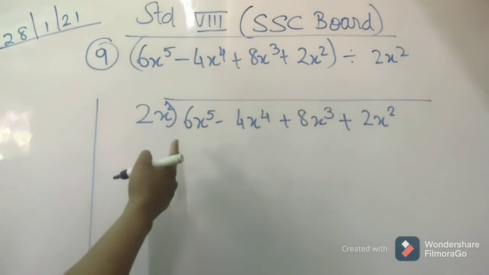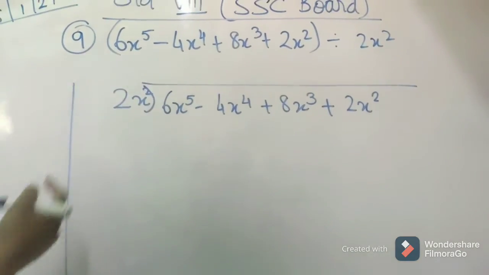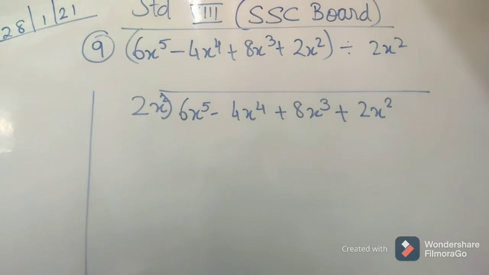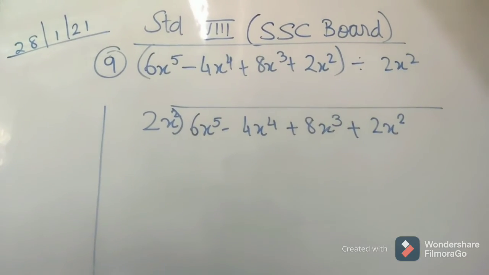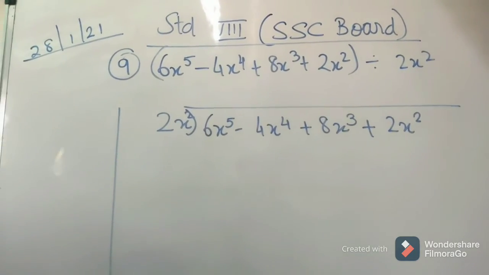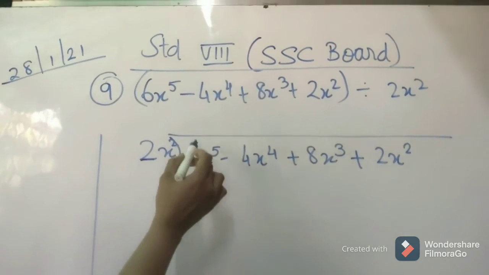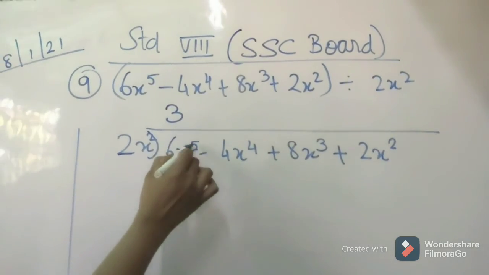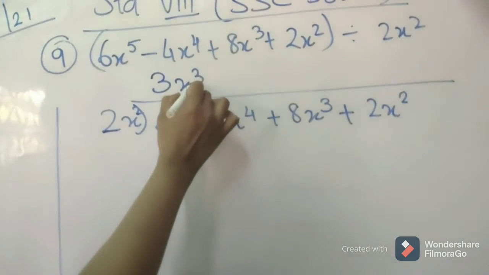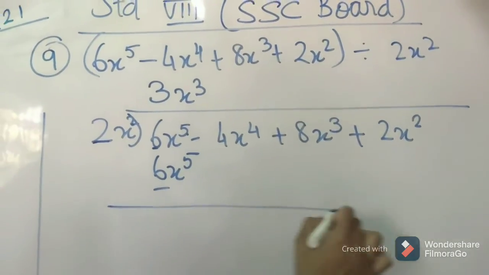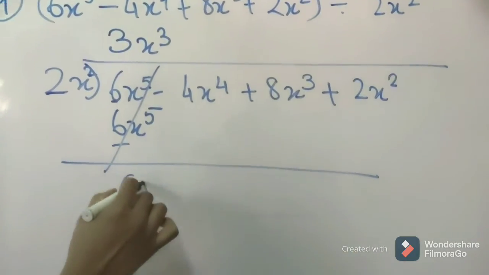Okay, coming to the 9th sum, it says 6x raised to 5 minus 4x raised to 4 plus 8x cube plus 2x square divided by 2x square. Okay, in 2's table 6 goes 3 times and 5 minus 2 is 3, so 6x raised to 5, you change the sign, these terms cancel out, it becomes 0.